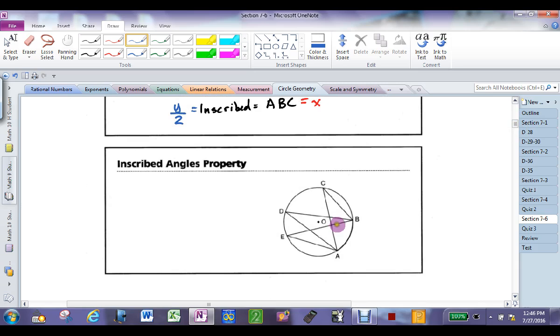Now let's go to the second thing we learned. Inscribed angles.